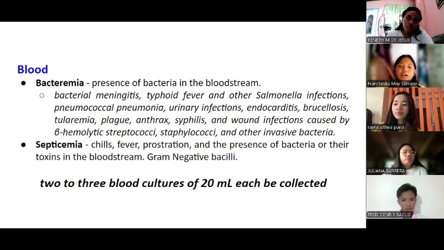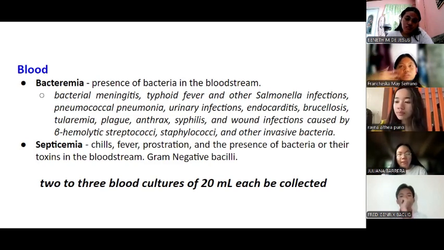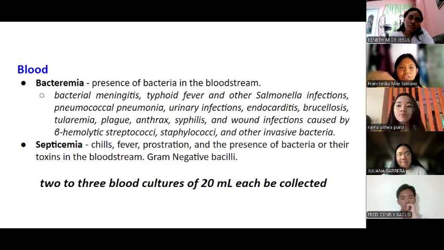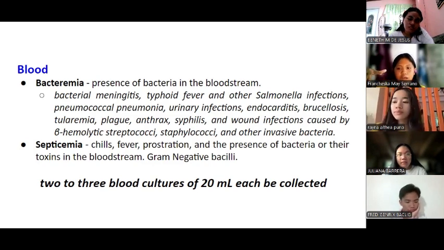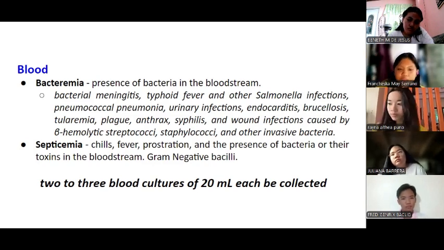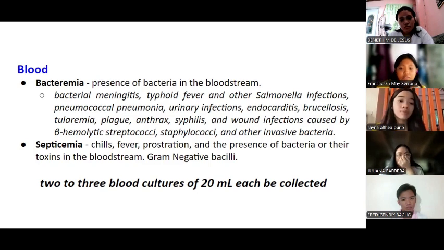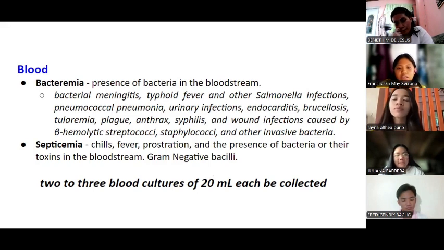If our immune system clears the bacteremia, there's no treatment needed. Septicemia, on the other hand, is the presence of infectious agents in the bloodstream. This can cause those symptoms mentioned earlier, and it will progress to sepsis if left untreated.